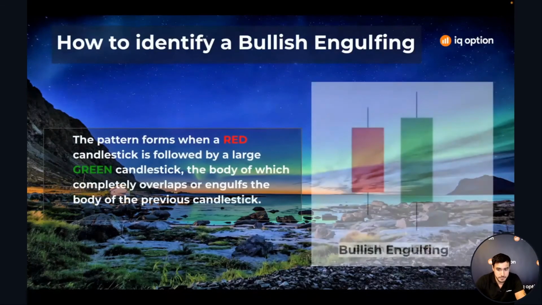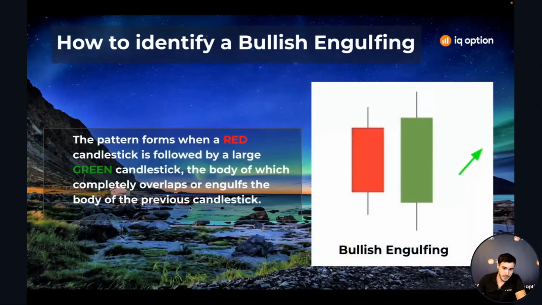Bullish engulfing. What do we need? Here is the description: when a red candlestick is followed by a large green candlestick whose body completely overlaps or engulfs the body of the previous candlestick.